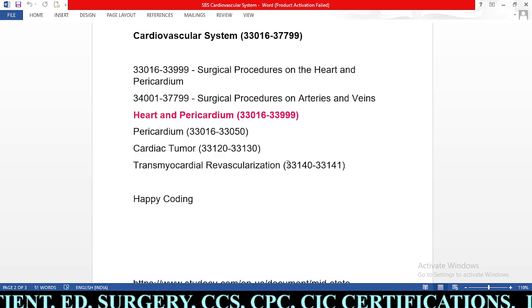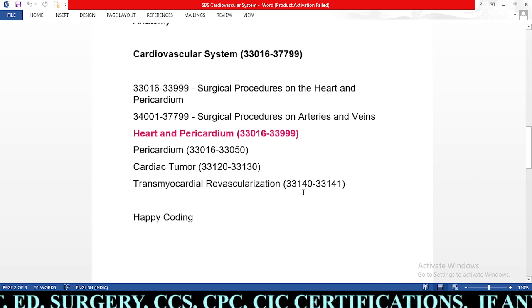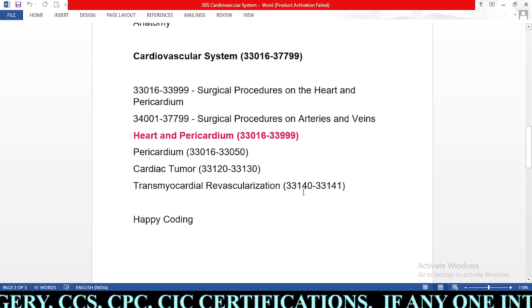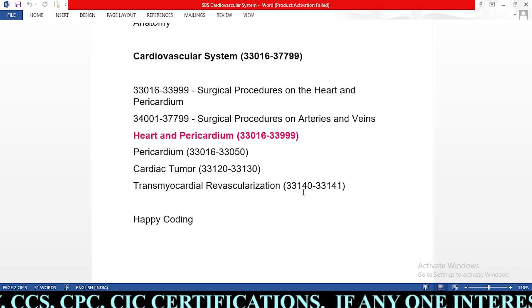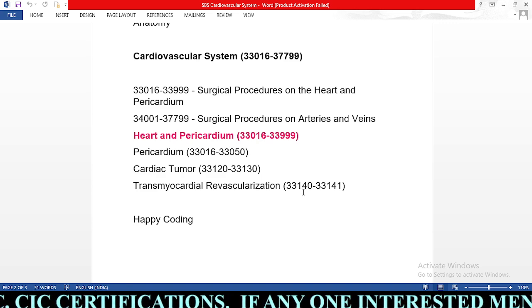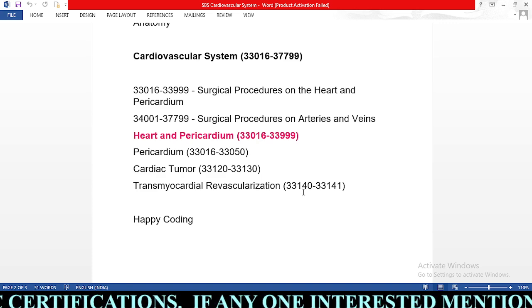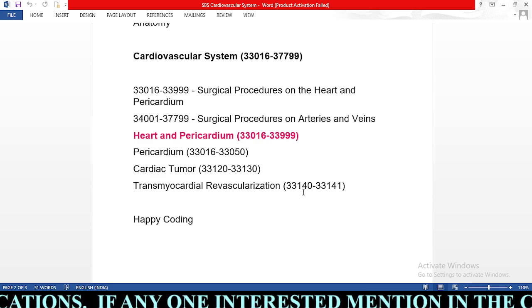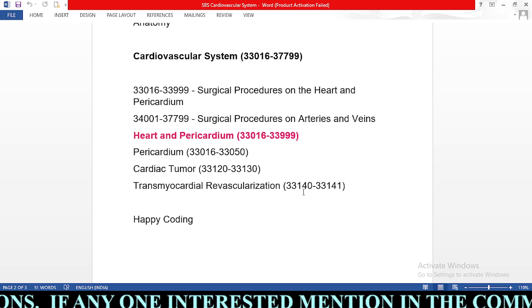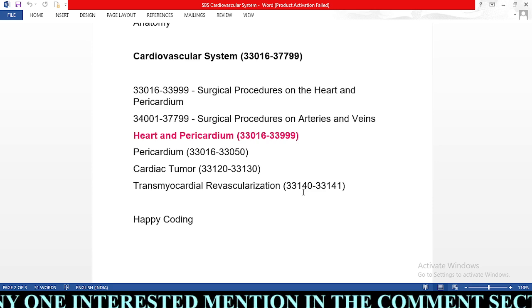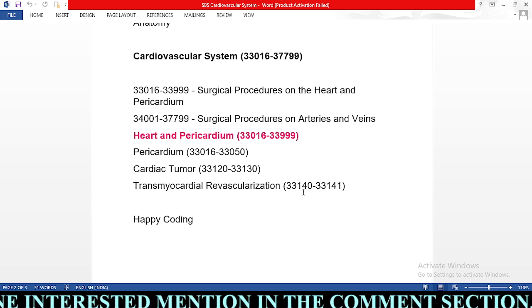Next, we have transmyocardial revascularization. Code ranges from 33140 to 33141. Whenever we code any procedure in any type of system, we need to think about the purpose of that procedure. So now we will briefly learn what is transmyocardial revascularization.